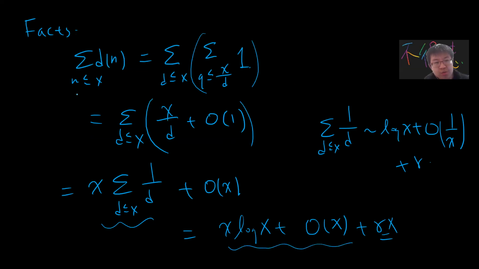So the simple relationship is that the sum of d(n) for n less than or equal to x is approximately x log x. This is the simplest approximation.